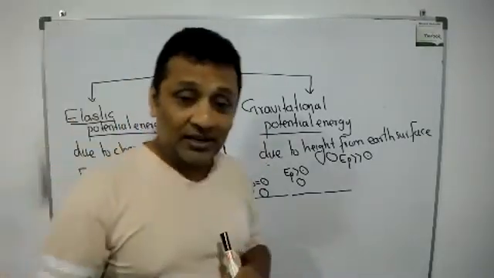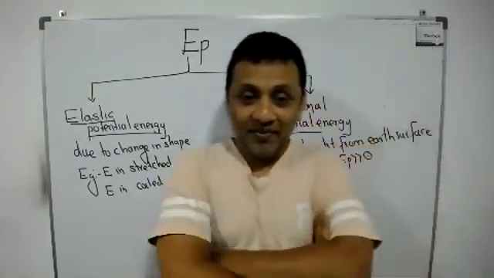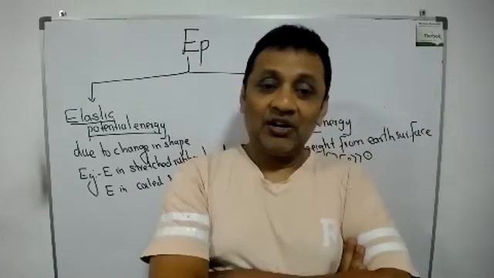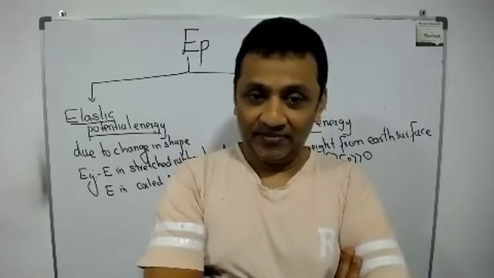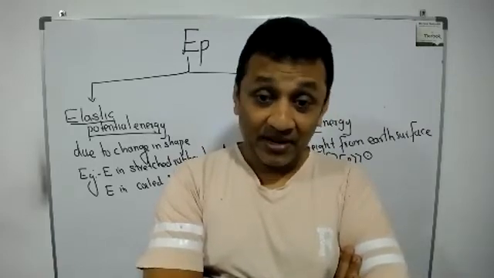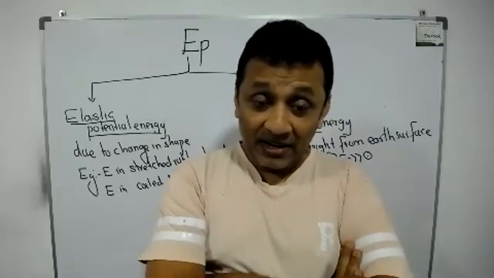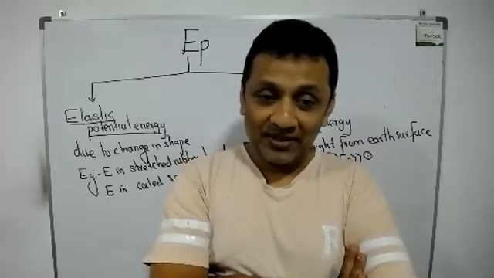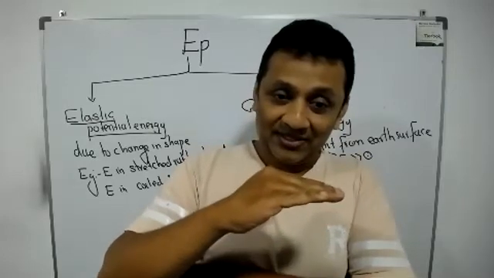Gravitational potential energy depends on which factor? Can somebody tell me? Gravitational potential energy depends on the height from the Earth's surface.